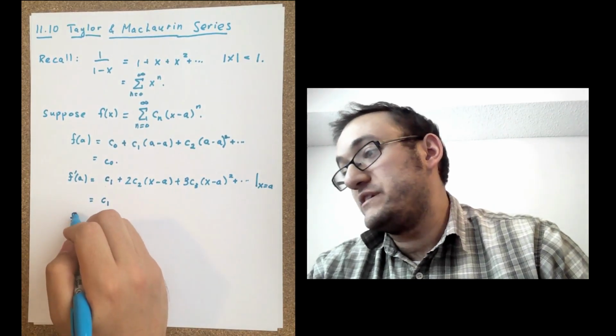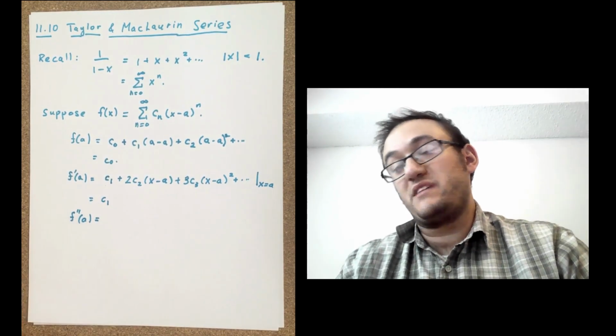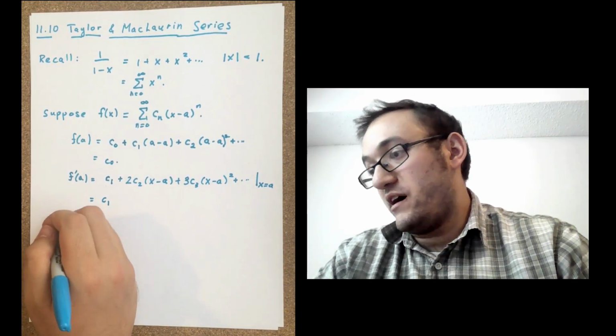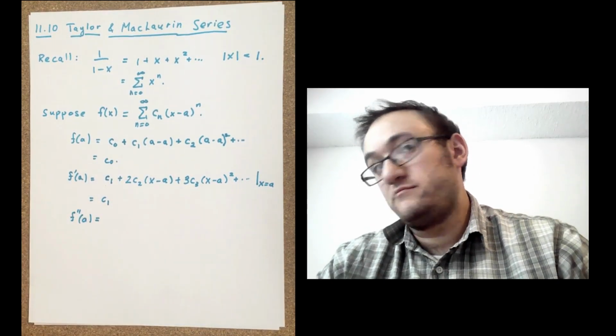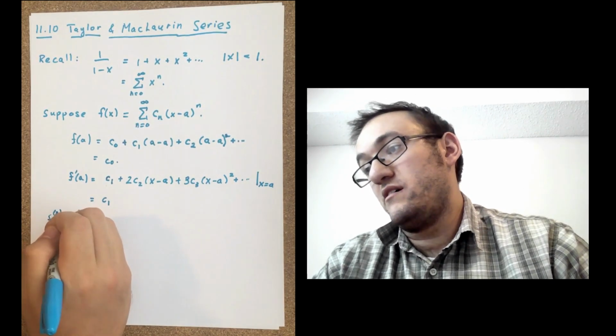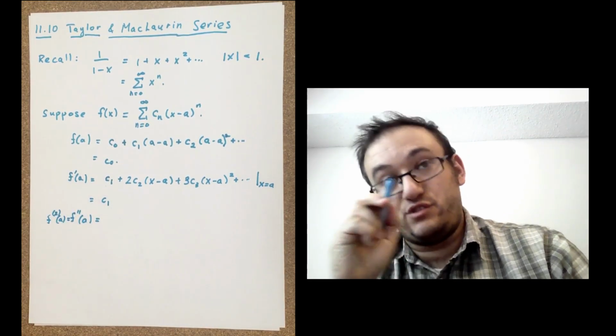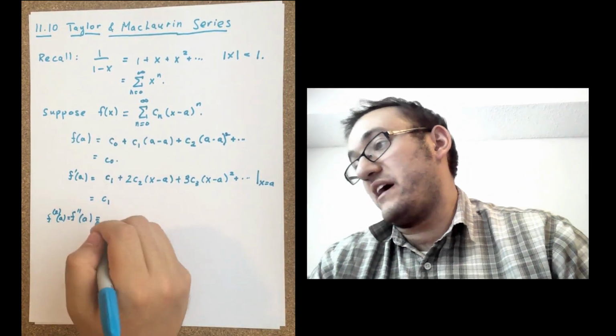Okay. If we do the same math for the second derivative, which we sometimes write with two apostrophes, sometimes we write it like this, with a parenthesis and a 2 sitting above f.